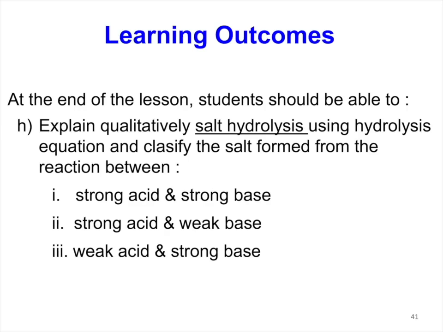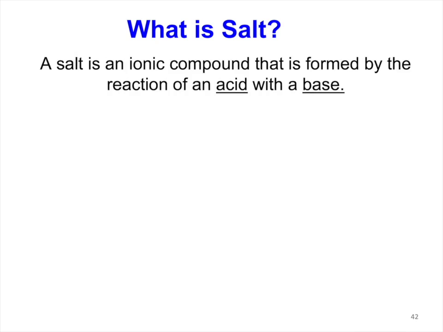So, at the end of the lesson, you should be able to explain qualitatively salt hydrolysis using hydrolysis equations and classify the salt formed from the reactions between strong acid and strong base, strong acid and weak base, weak acid and strong base. What is salt?